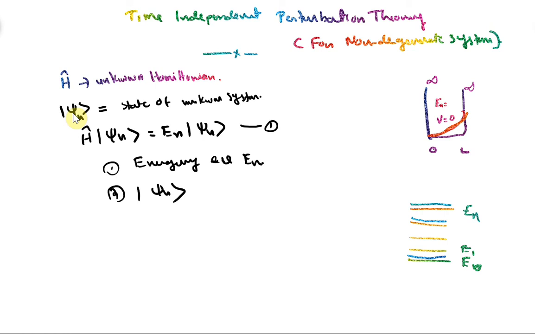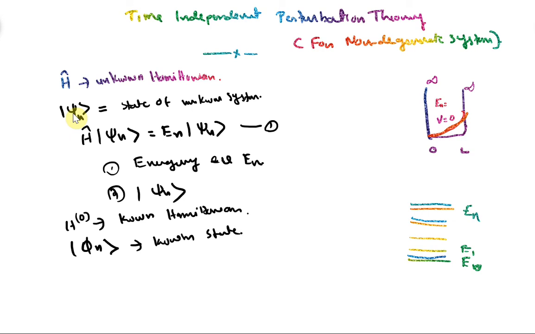H naught is my known Hamiltonian, and corresponding to that, I know the state, which I call phi n. It's a known thing. This is something that we have a clear idea about.